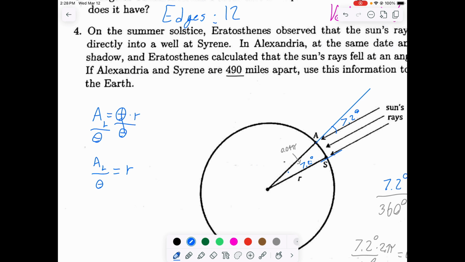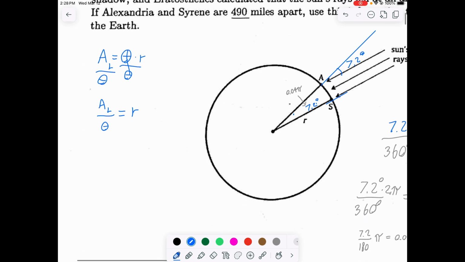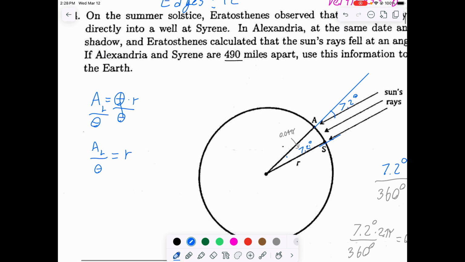So I just need to get my radius by taking my arc length, and we know what that arc length is. In case you're not aware, the arc length is the distance on the outside of the circle. It's this distance, and that is 490 miles. So I'm just going to do 490 divided by 0.04 pi equals r.